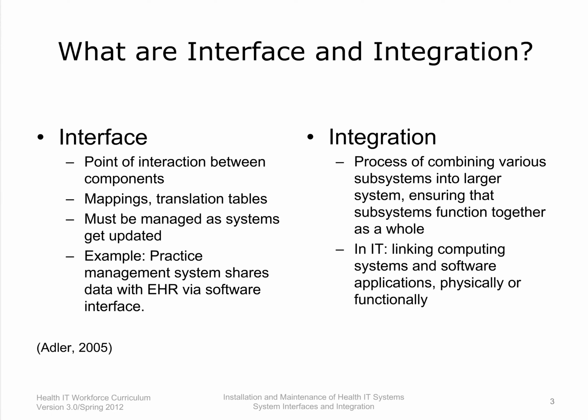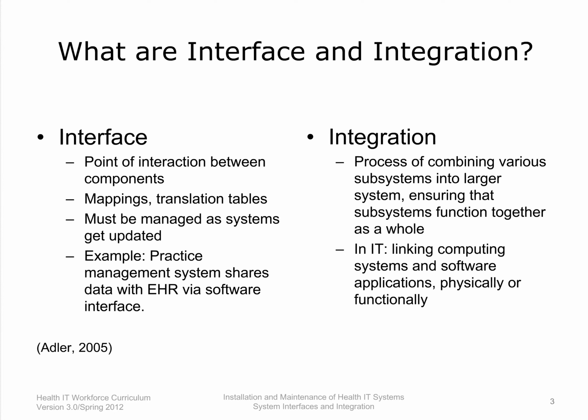A single interface consists of both source and target systems. Each interface uses a map to define where to send incoming data on the way back out of the interface. Additionally, translation tables can be used to map more than one value to a single output value. For instance, your practice management system and EHR must be able to share data.